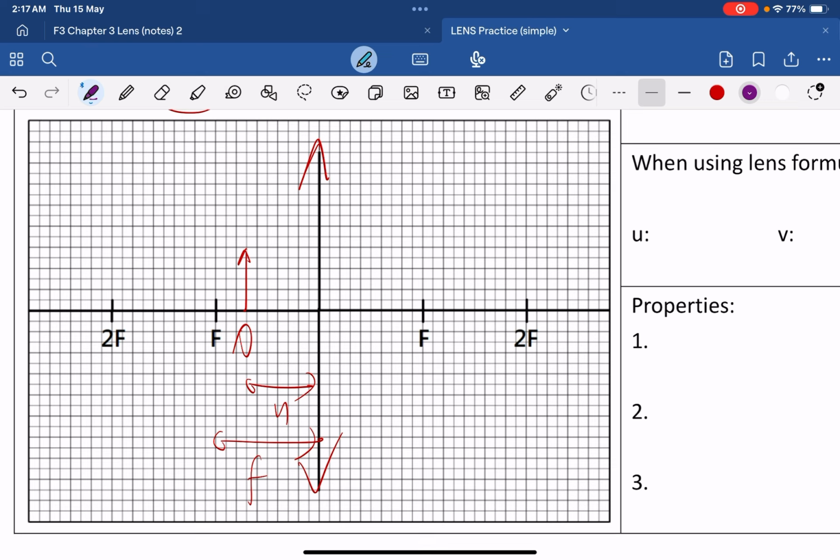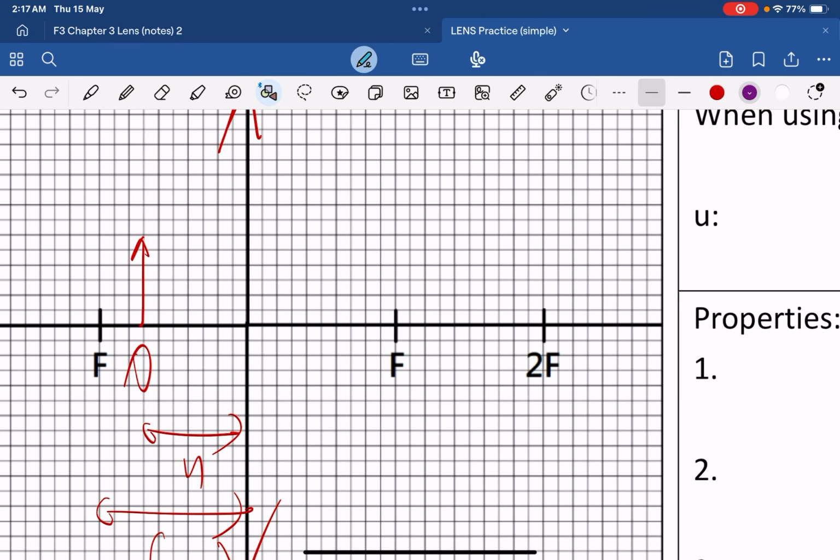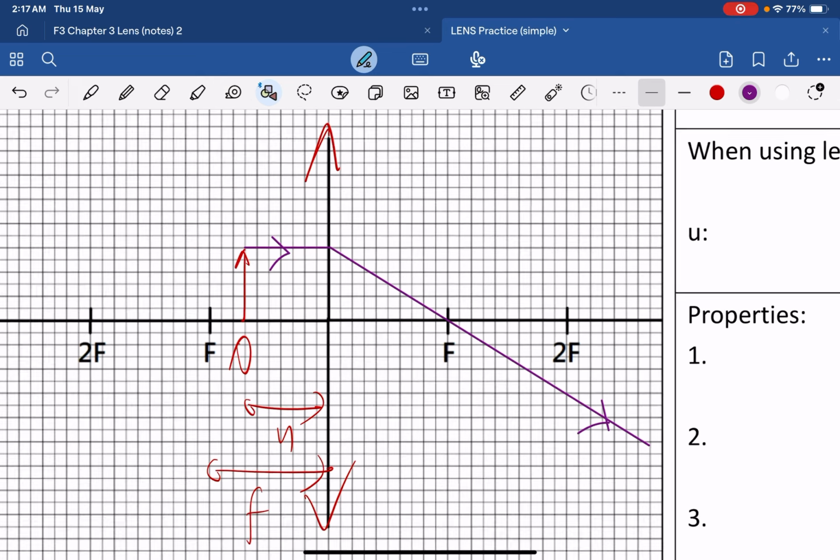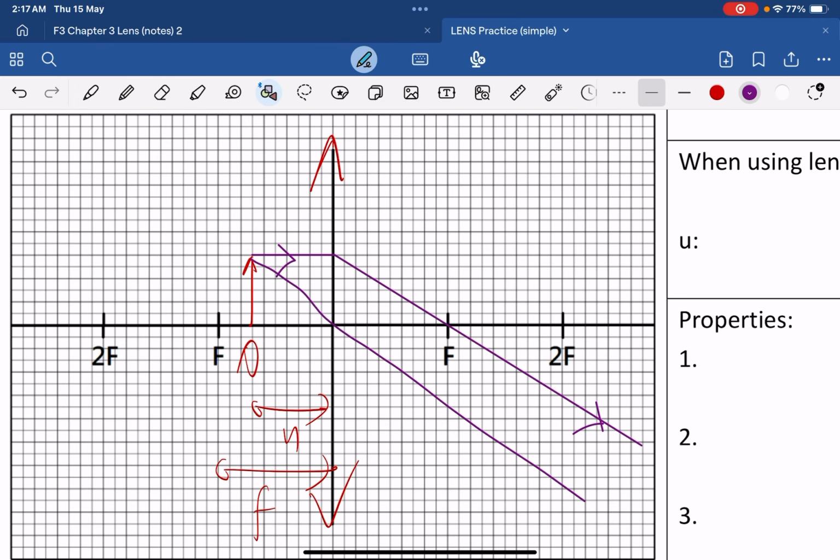So we have 3 construction rules. Actually, we just need to apply 2. The first one is to draw the horizontal line, and then you pass through the focus. The second one is to pass through the center of the lens.